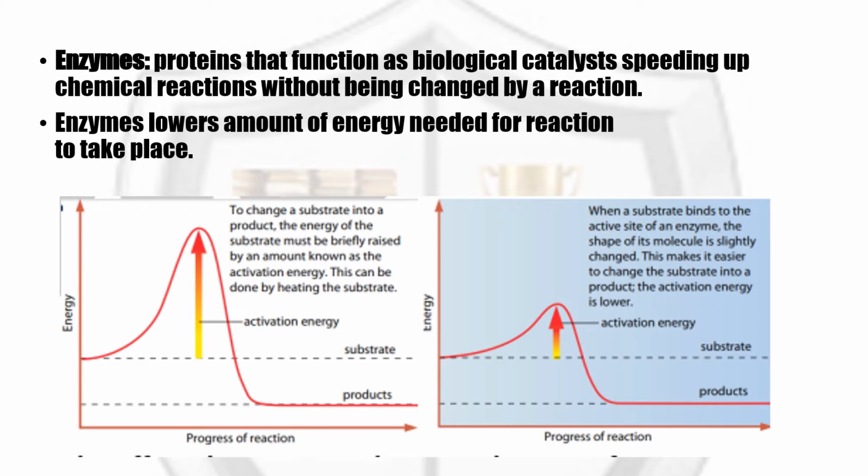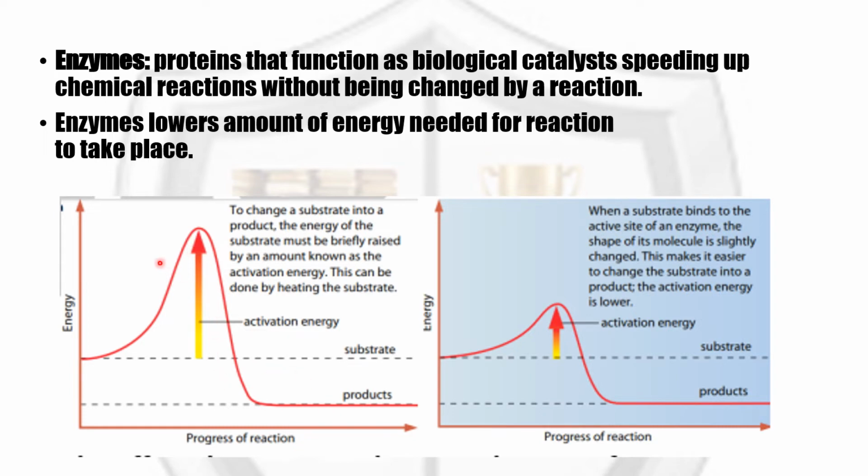So let's look at this graph, which shows the activation energy required for a particular reaction. As we can see, for us to begin producing these products, this energy barrier or the activation energy has to be met.